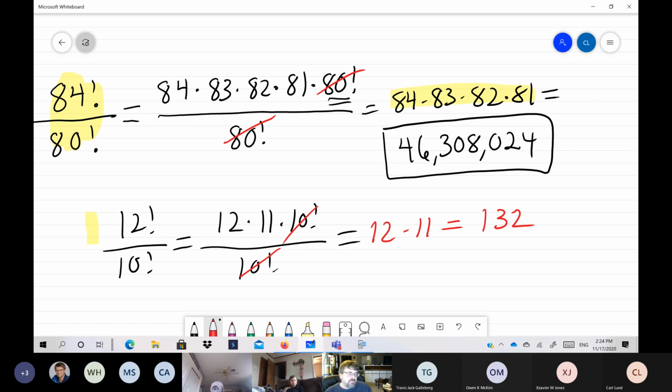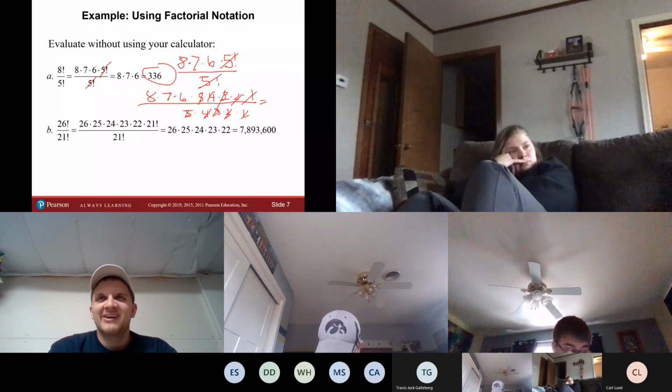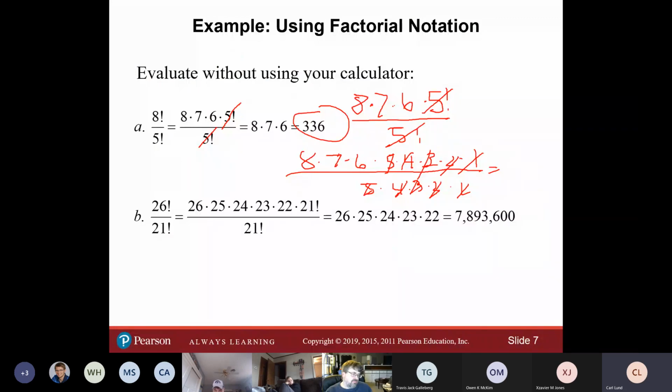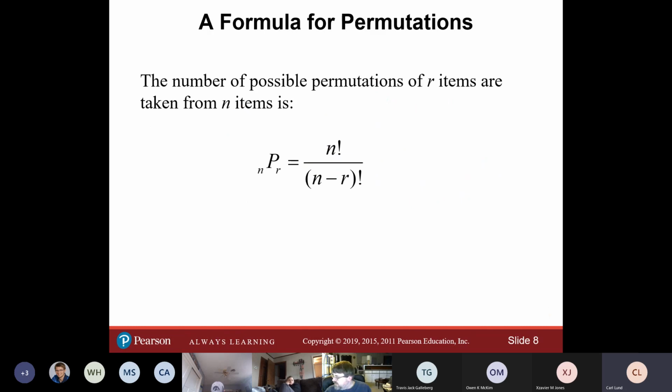All right. So let's now look at a formula for permutations. This is a formula that probably should go in your notes.